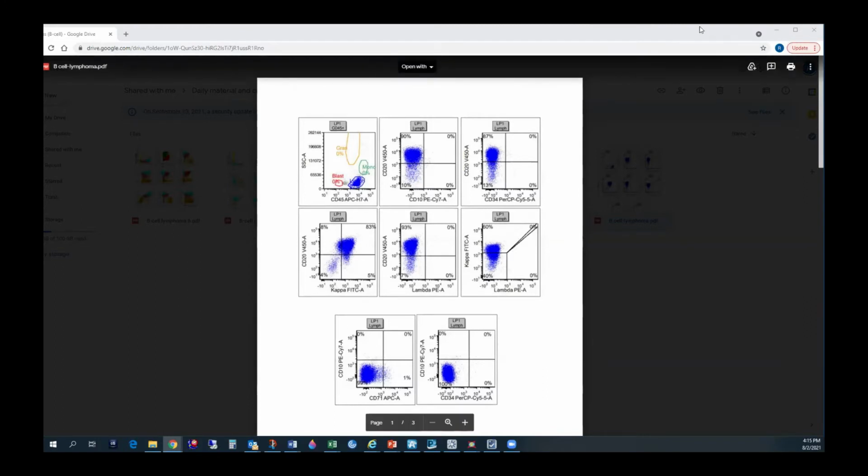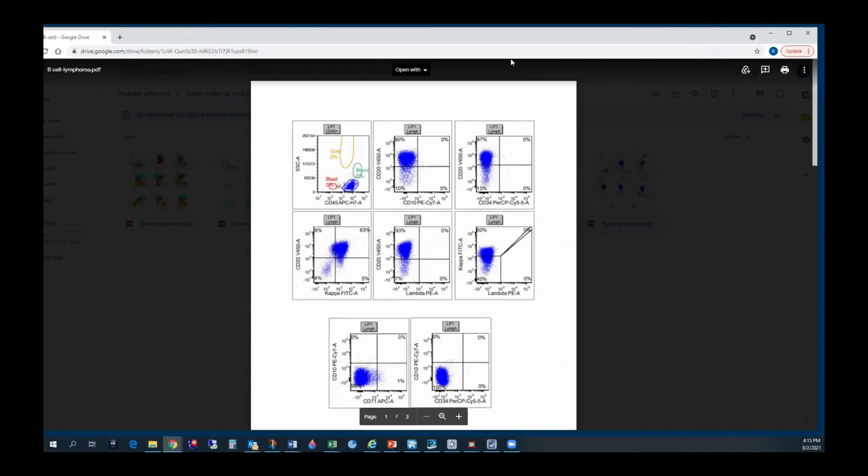Hold on for a second. Let me stop sharing for a second and I'll share again. I will just pull up a plasma cell gate to show you, for example.